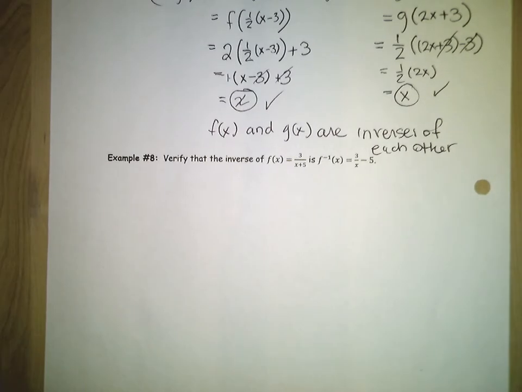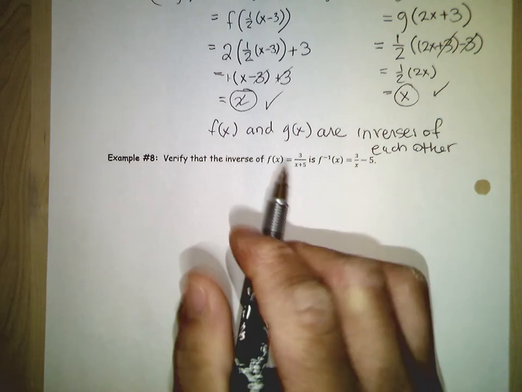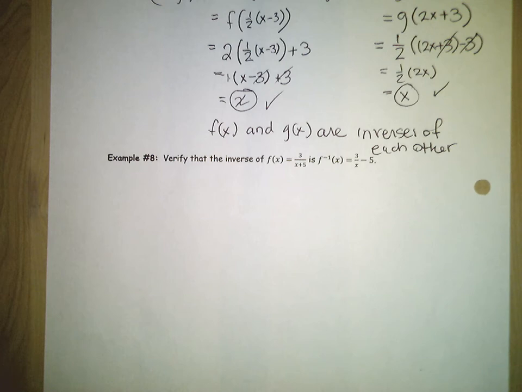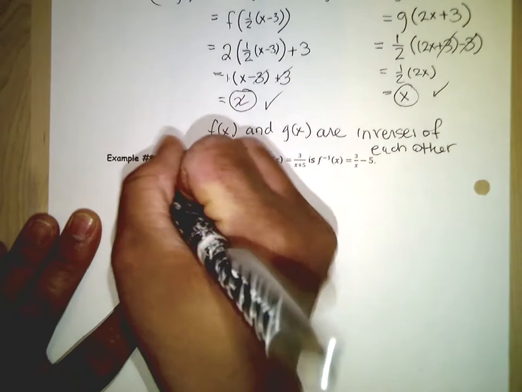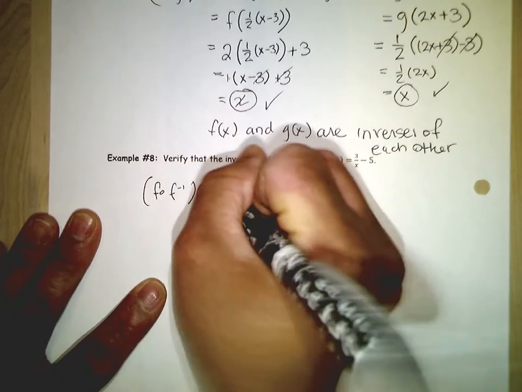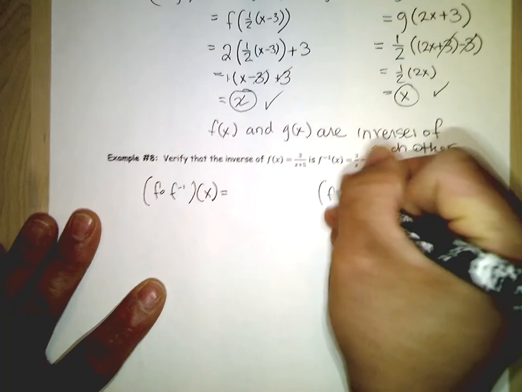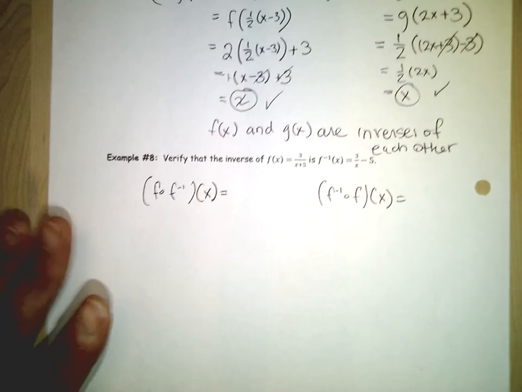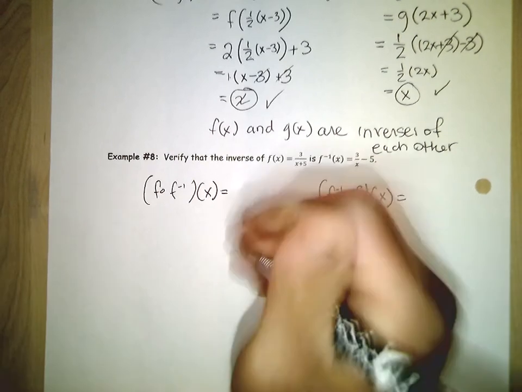So now let's verify that the inverse of f of x equals 3 over x plus 5 is f inverse of x equals 3 over x minus 5. So f of f inverse of x and f inverse of f of x both have to equal x. All right, so let's do this.